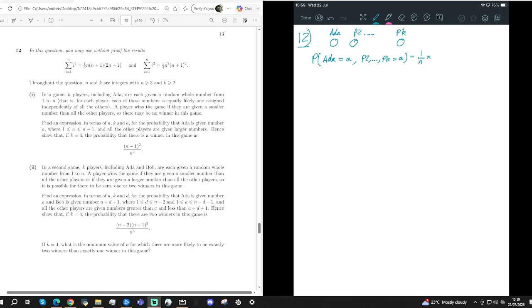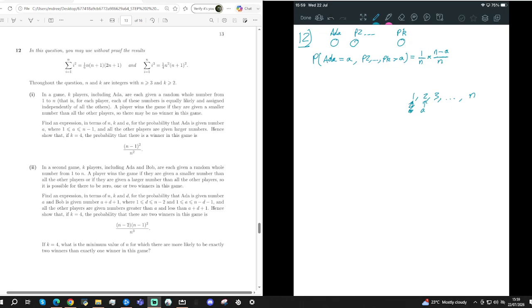The probability that player 2 got a number larger, well, how many numbers are there larger than a? Well, that'll be n minus a. A good way to check is, and I would write out a little bit of a number line here, if a was 1, then there's n minus 1. If a was 2, then there's n minus 2.